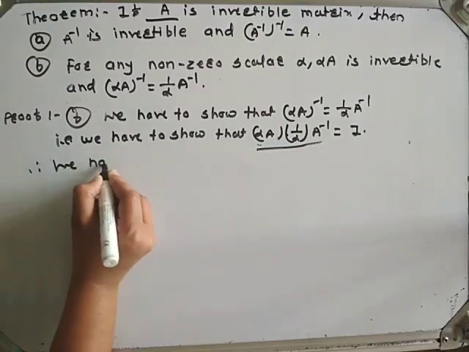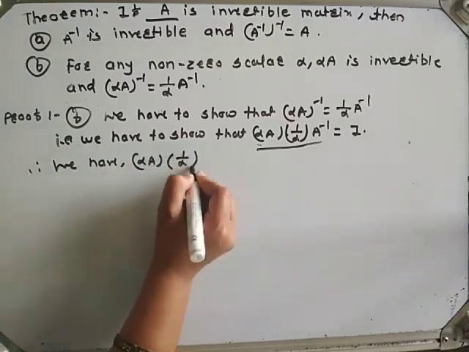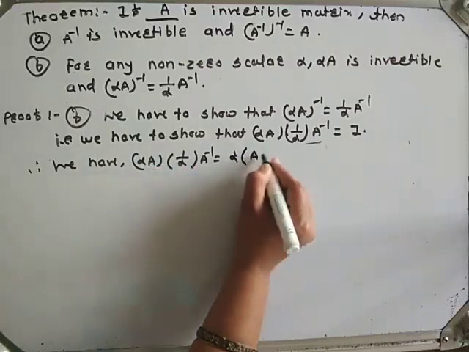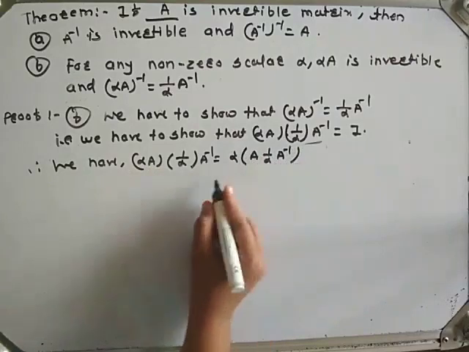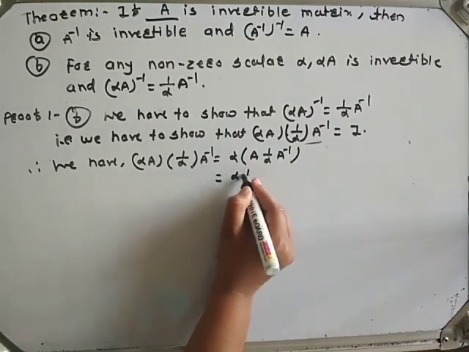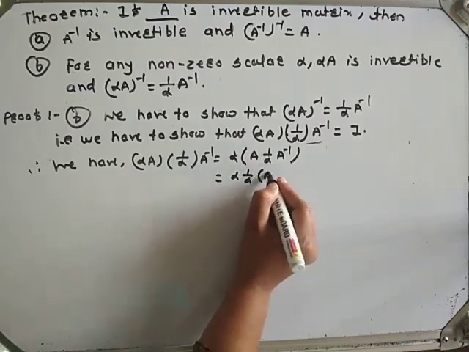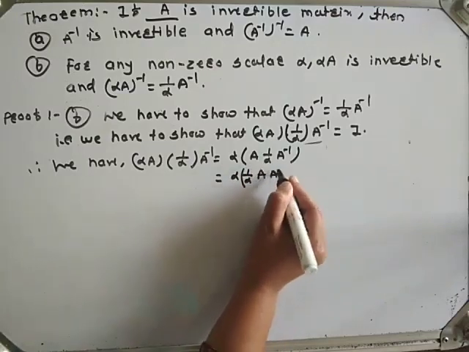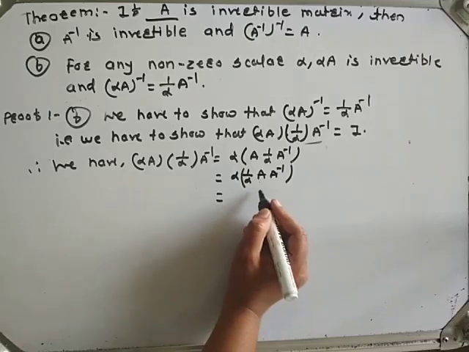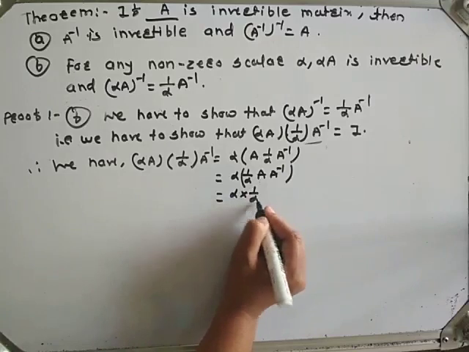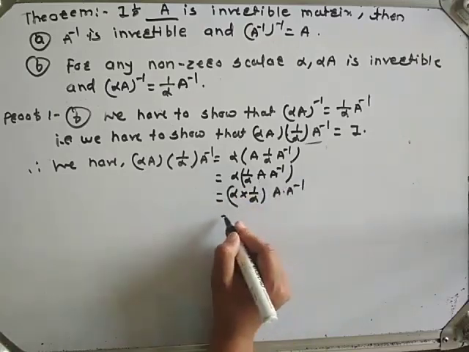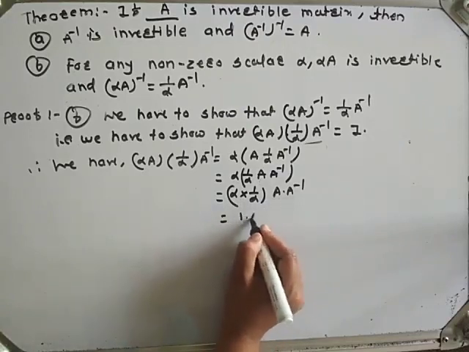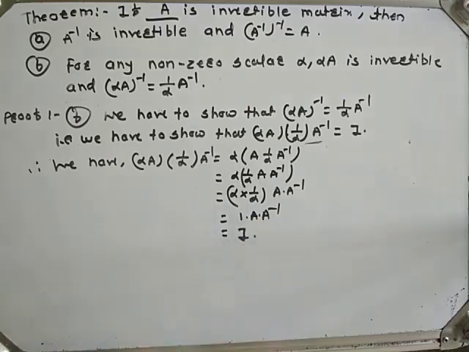There we have alpha into A into 1 by alpha into A inverse, which is equal to alpha into 1 by alpha into A into A inverse, which is equal to 1 into A into A inverse, which is equal to identity matrix.